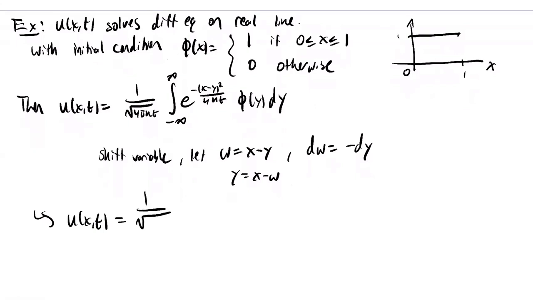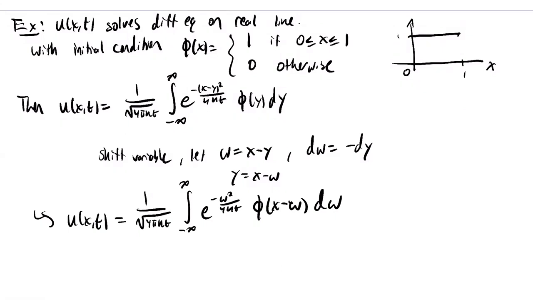The terms involving the t won't change because I haven't done anything with those. And then I'm replacing x minus y by w, so I just get e to the minus w squared over 4kt. And then I'm replacing y by x minus w, so I get phi of x minus w dw.